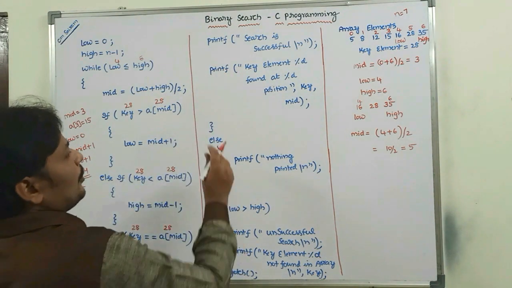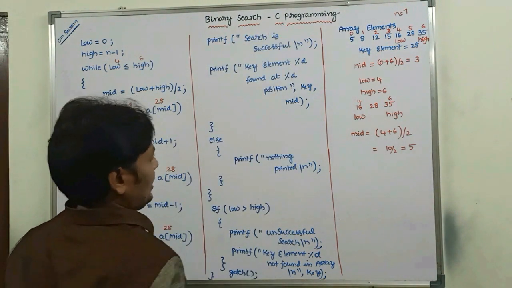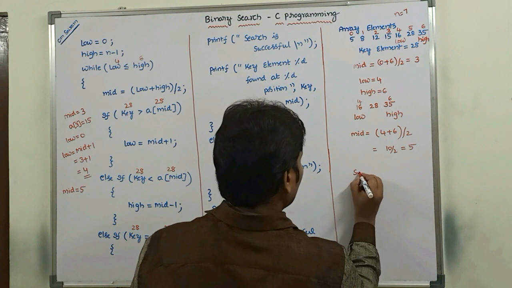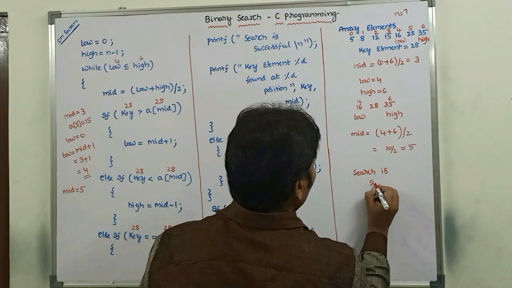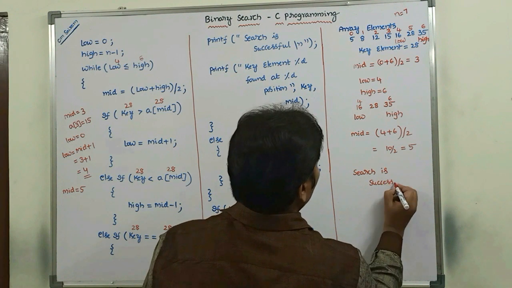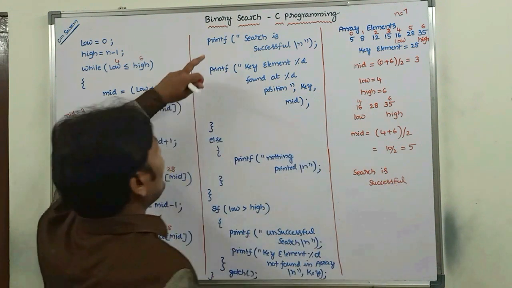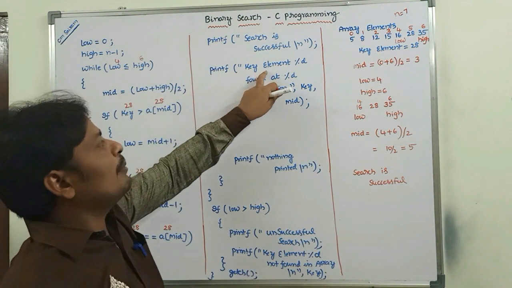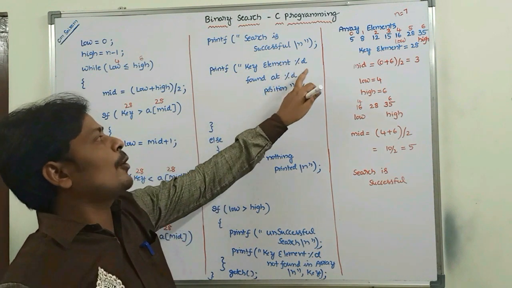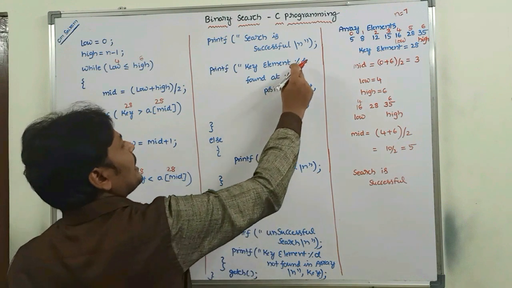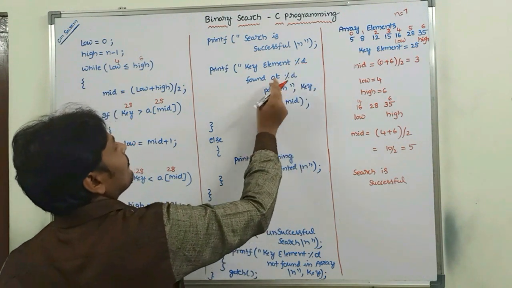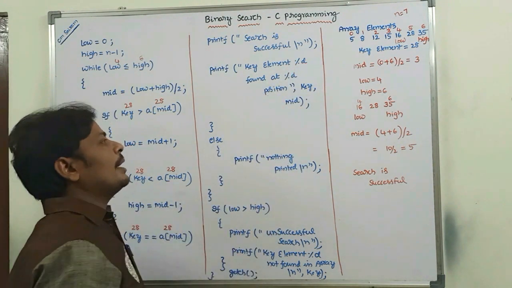So printf search is successful. Here, search is successful is printed. Next, printf key element %d is found at %d position. The key element 28 is found at which position? The mid position.